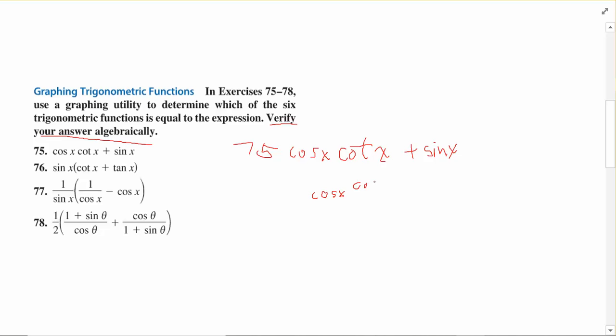So what that's going to do is that the cosine can be rewritten as cosine over 1. So cosine of x times cosine x is cosine squared.